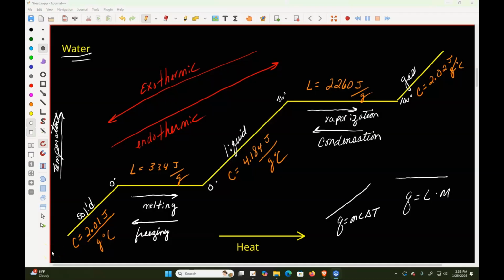So if you're working problems, it is best to memorize all these different parts of the little staircase. That'll help you a great deal when you start working problems.